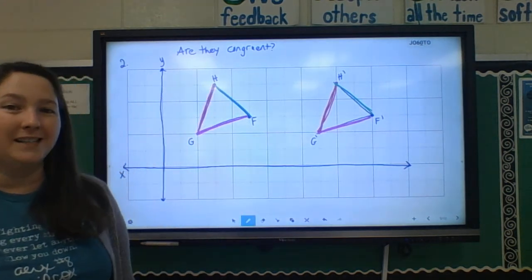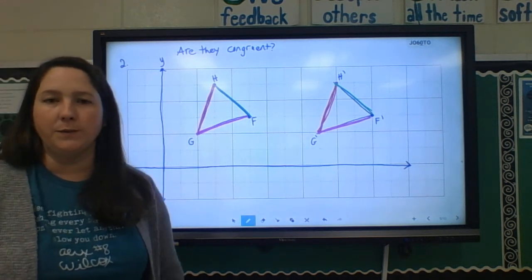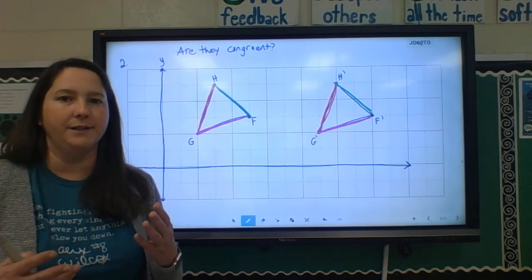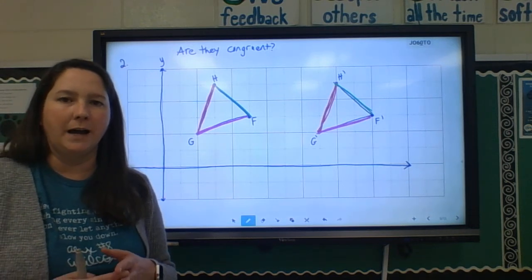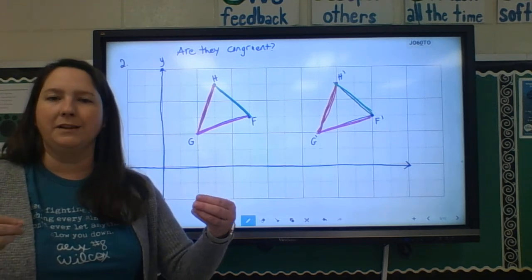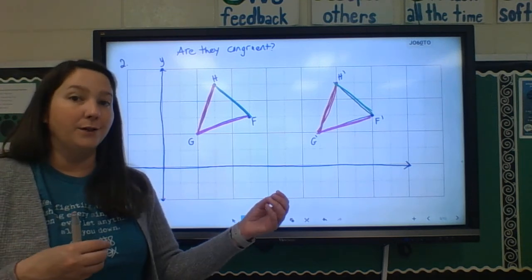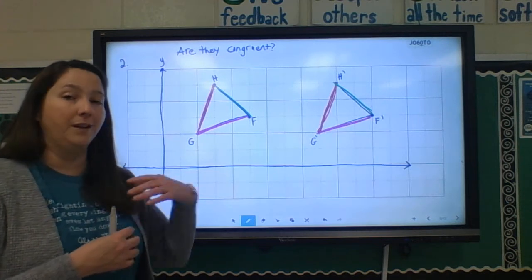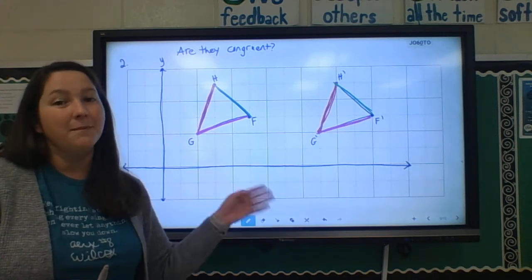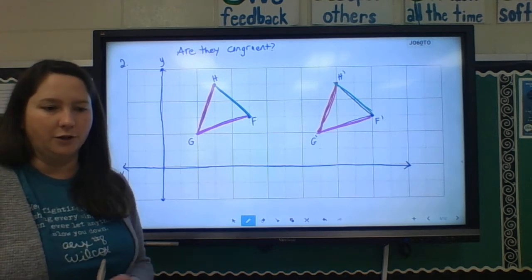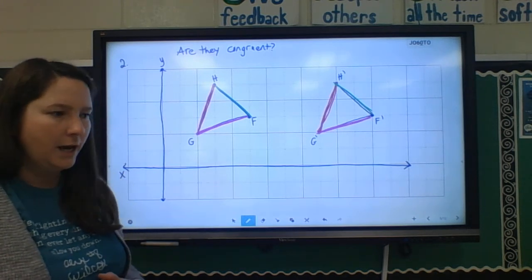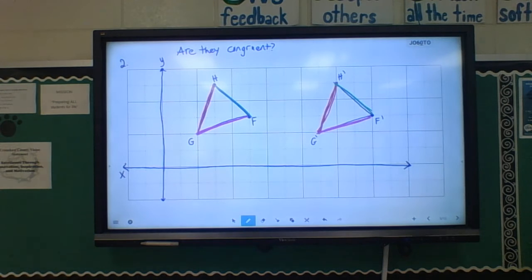For the timing of the video, since we already know how to do the distance formula and you understand the whole concept that corresponding sides have to be congruent, and therefore my distance formula answers have to be the same, I'm going to save you the time, but I would like y'all to do this.